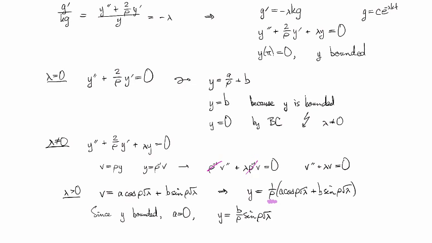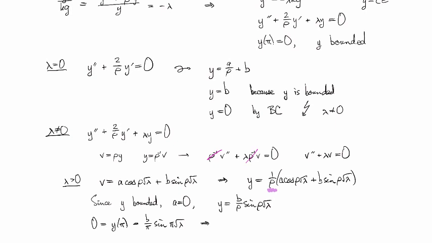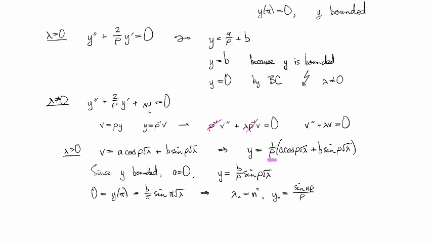From the boundary condition then, we find that the eigenvalues are just going to be the square integers, non-negative ones anyways, and that our y_n's are going to be sine n rho over rho.